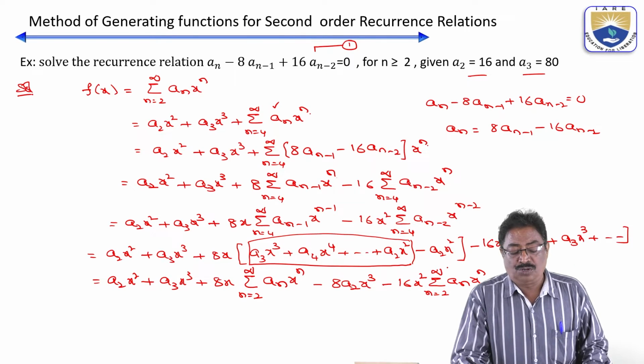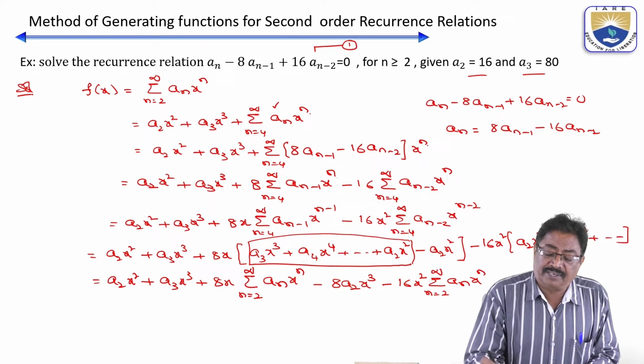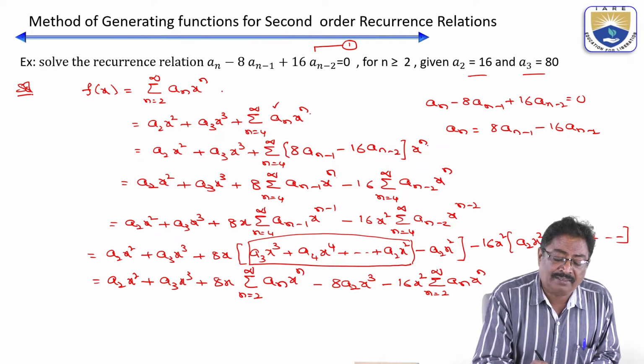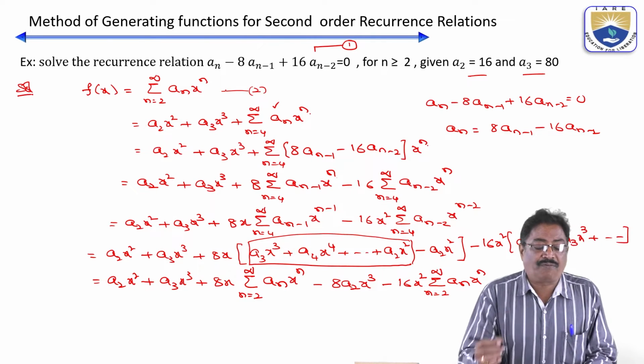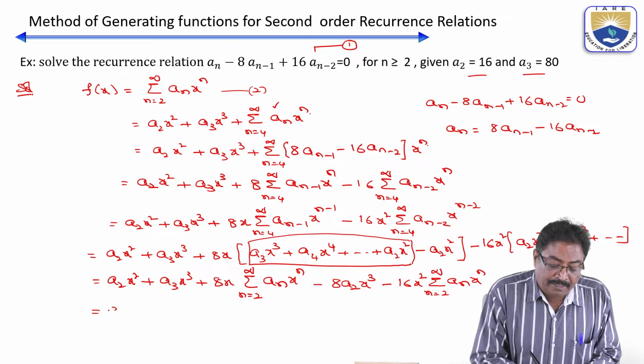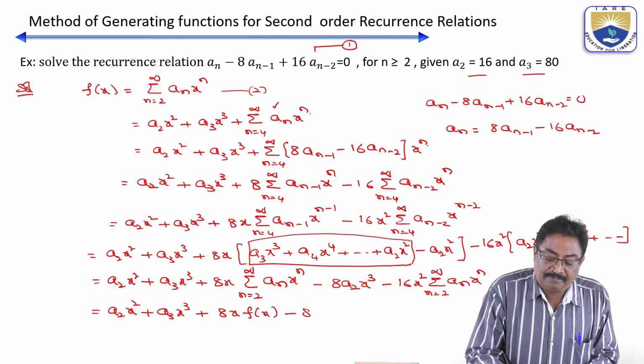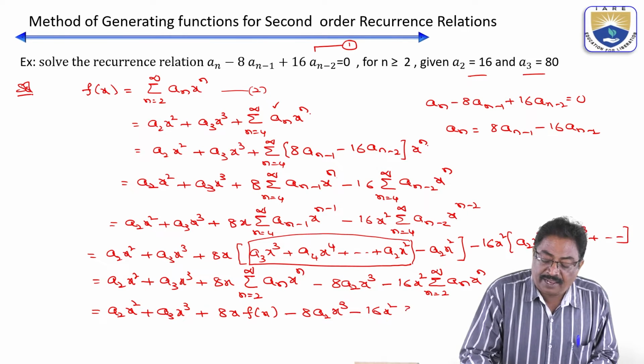So let us take the given assumption, f of x equals this. So now this will become a2 x square plus a3 x cubed, and then this will become 8x f of x minus 8 a2 x cubed minus 16x square into f of x.